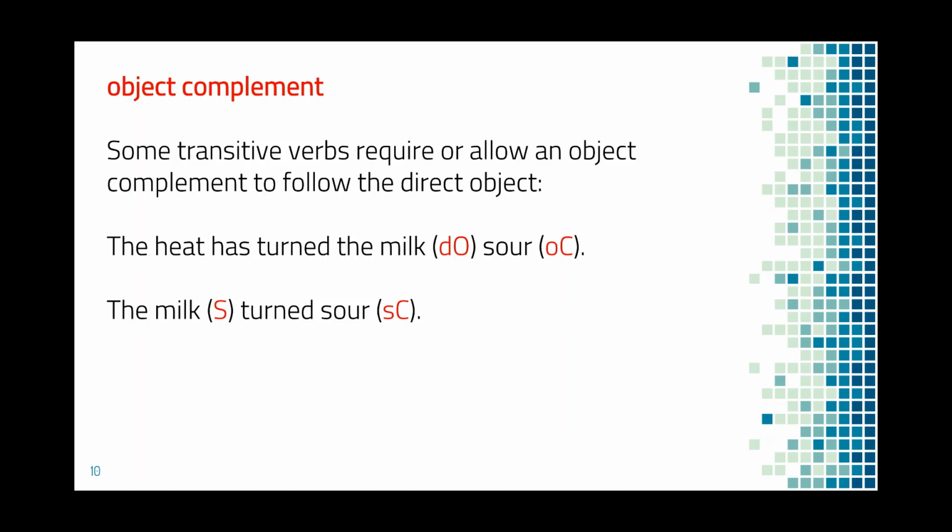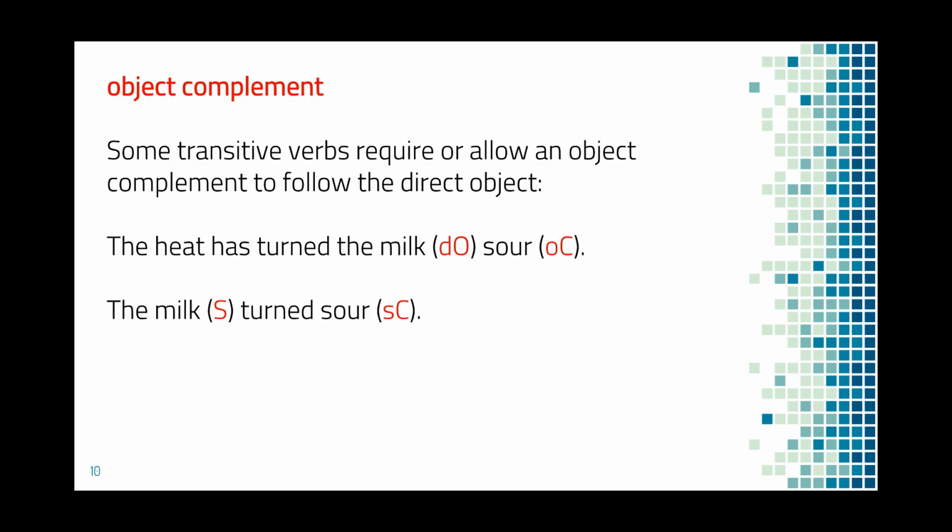When you think of the object complement, you need to keep in mind that the relationship between the direct object and the object complement resembles that between the subject and subject complement. This is one. Also, transitive verbs require or allow an object complement to follow the direct object.